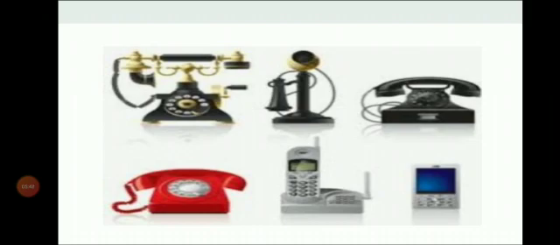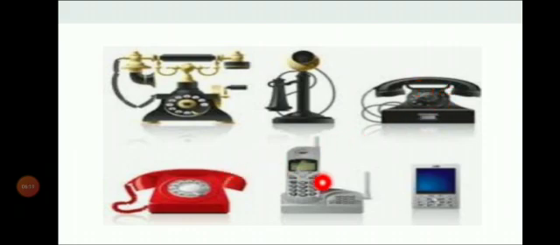Now look here. There are some models of telephone. What does this picture show? This is the telephone. This is how the telephone looked when it was invented many years ago. Then after some years, when science progressed, it changed its form. Then it came into this form.